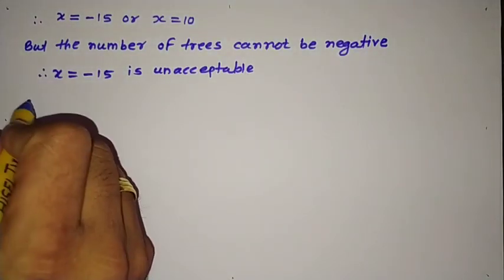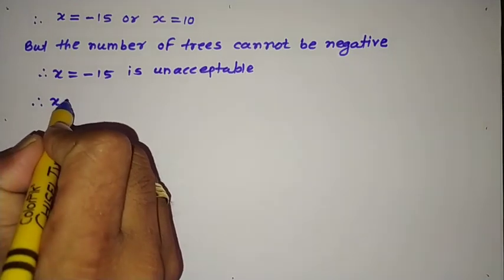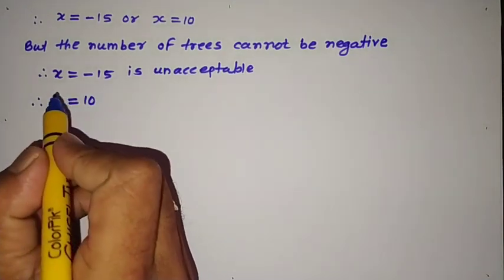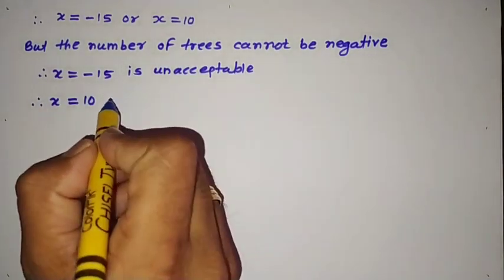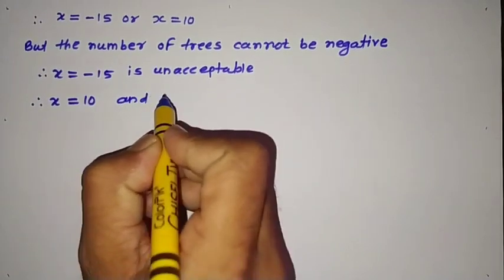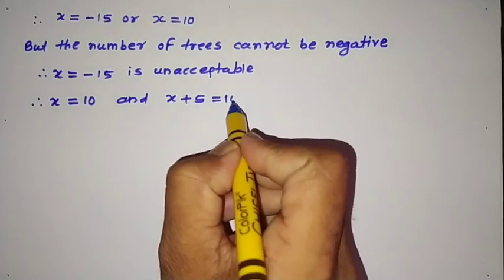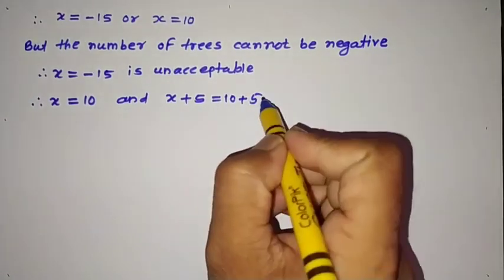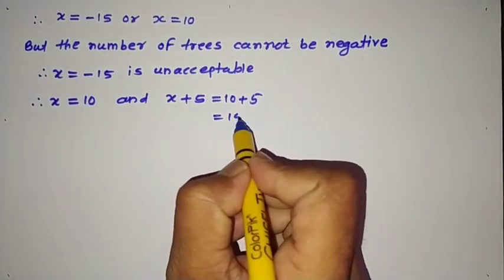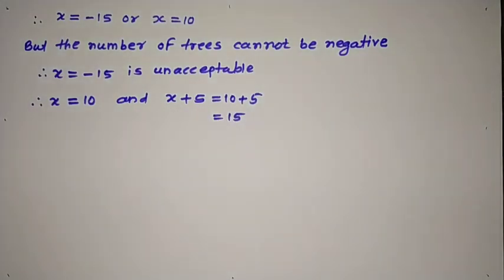Therefore x is equal to 10, and x plus 5 is equal to 10 plus 5 is equal to 15.